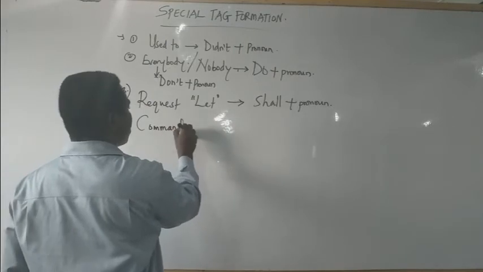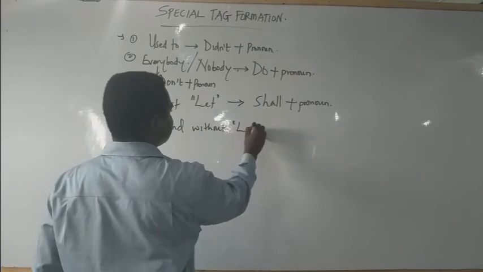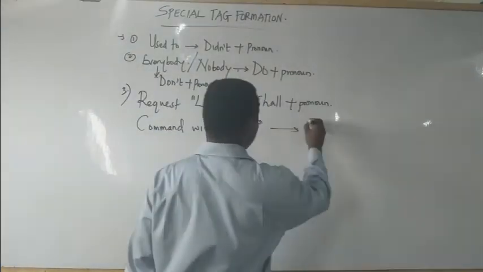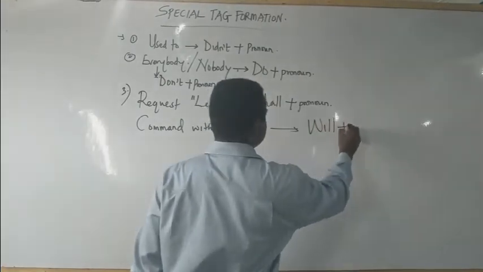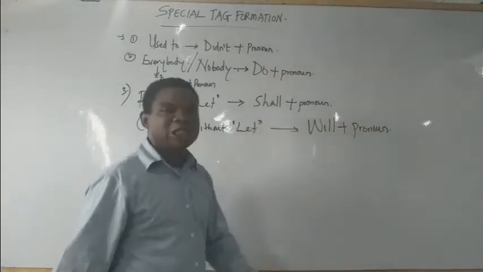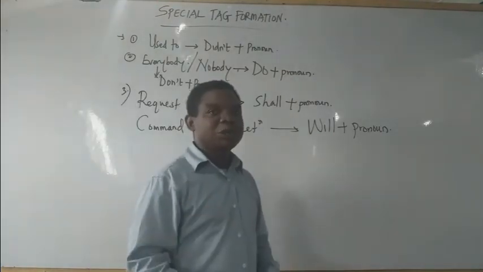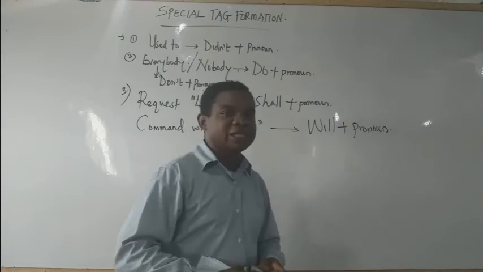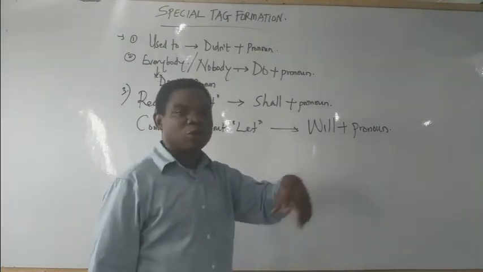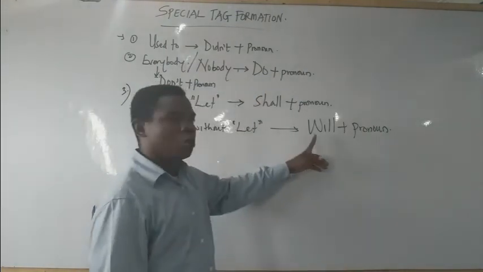But if you have a command without "let", the response will take the word "will" plus a pronoun. When the statement is a command without "let", the response word will be "will" plus a pronoun. Example, "Get out of my class." "Will you?"